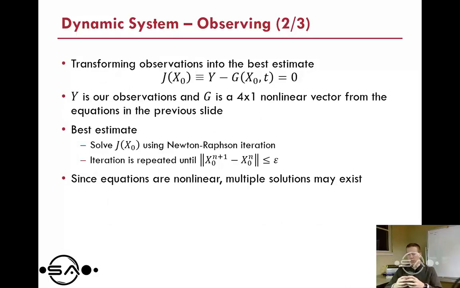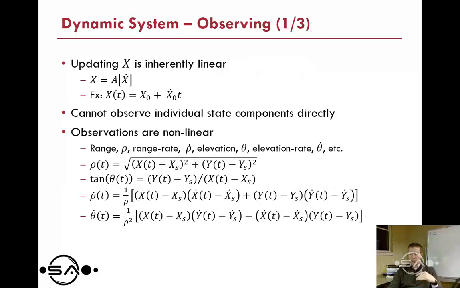So transforming our observations into the best estimate, we can take our observations and then the function g, which is a nonlinear vector that is simply the equations in the previous slide, giving us the observations from our initial state vector. So as you can see, we have a range, our elevation, and then our range rate, and then our elevation rate.